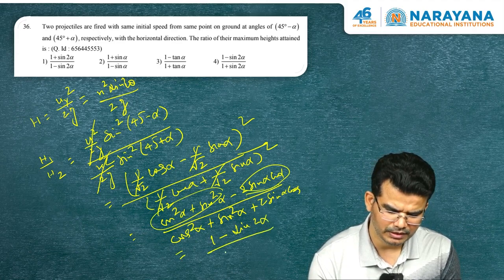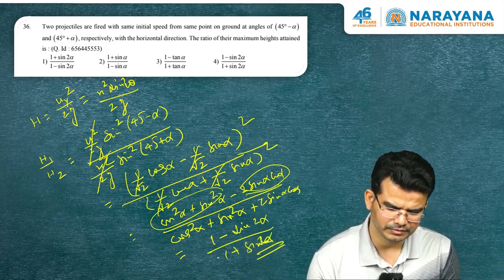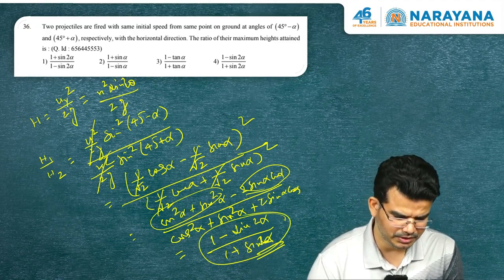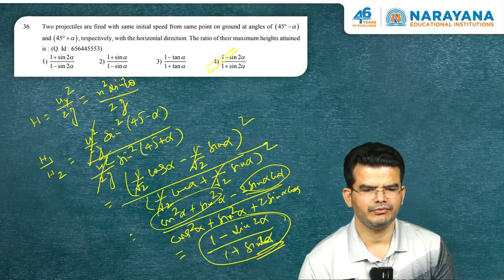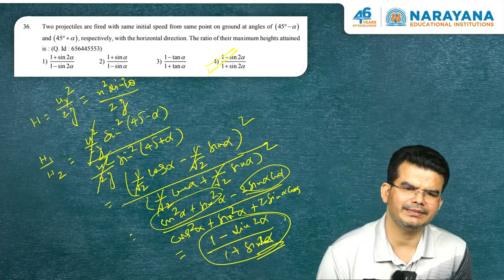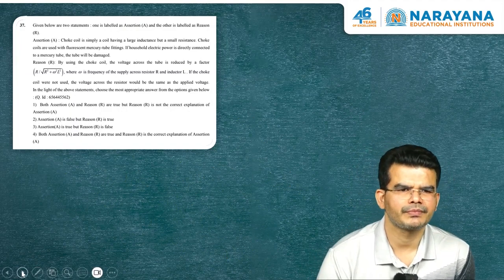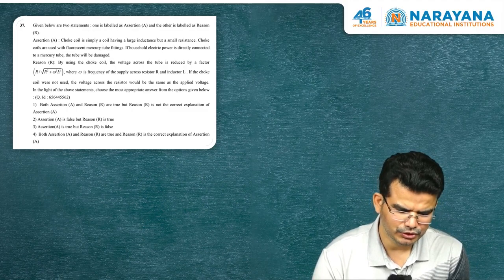Sin 2 alpha. And 1 plus sin 2 alpha. Very simple. Is there any such option? So, we can see exactly option number 4 we are getting. Very simple problem. Let us come to next question. So, next question, I think, is choke coil.